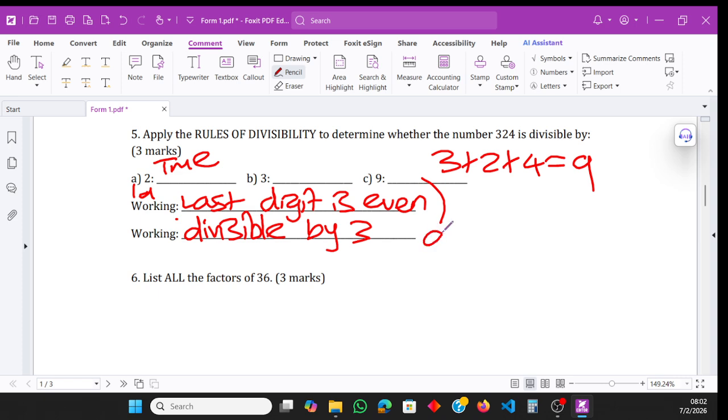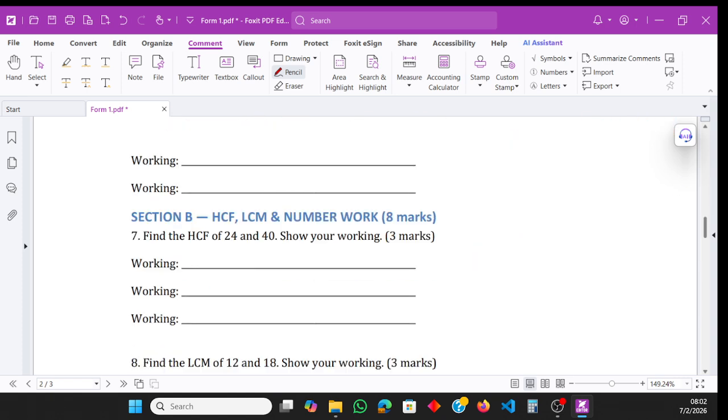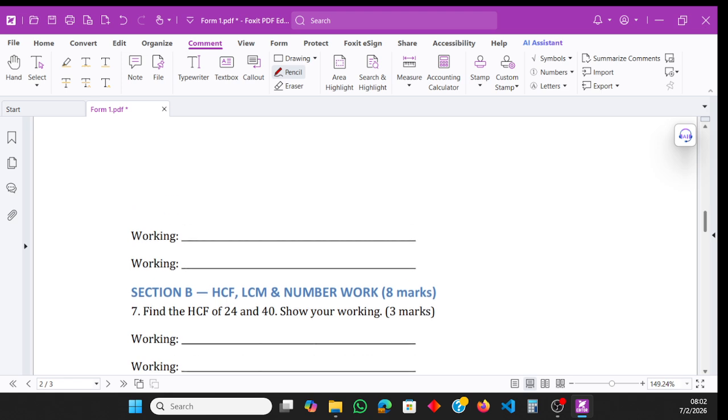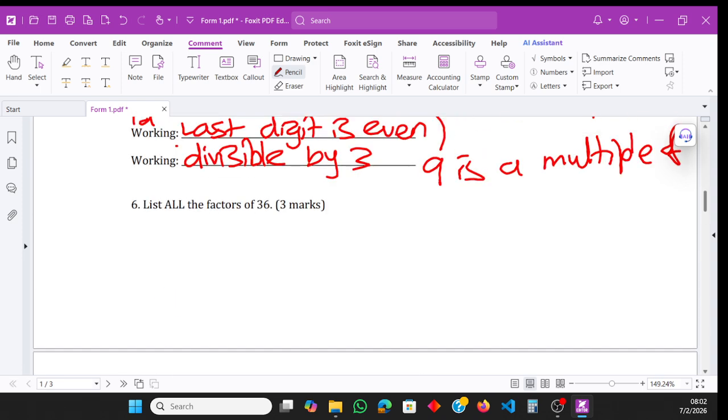So we know 9 again is a multiple of 9. Hence, it's going to be divisible. So we were saying because 9 is a multiple of 9, then it means it's divisible.